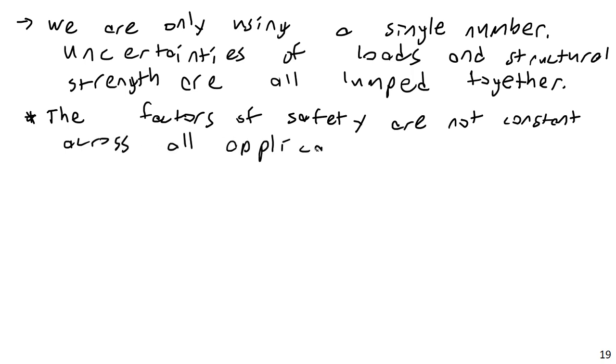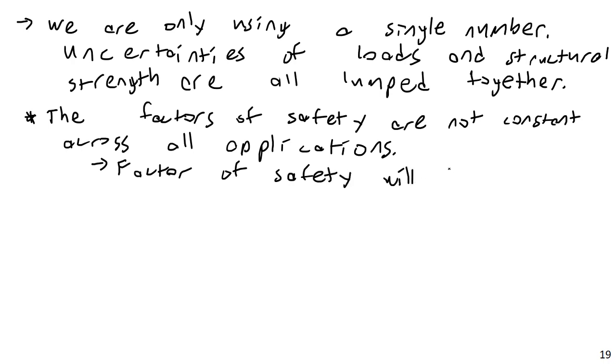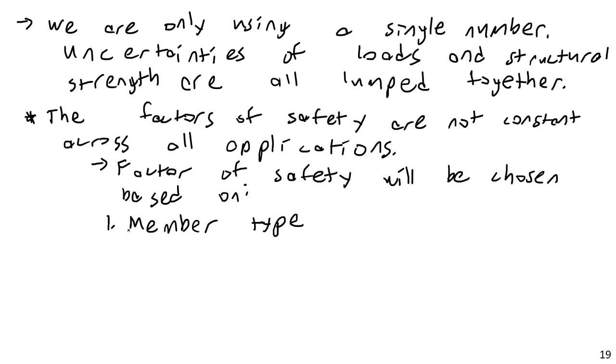And what I mean by this is that what factor of safety you're going to use will be chosen, usually by code, based on a few things. One, member type. Two, maybe the load type.